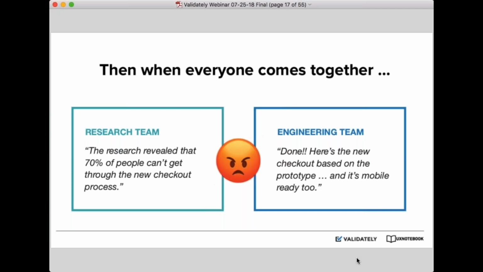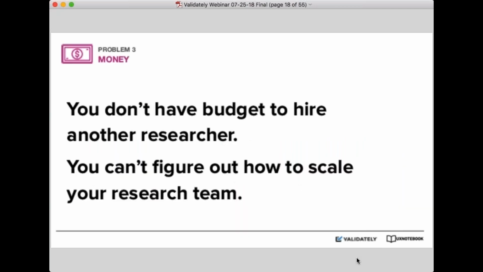We coded that prototype, and here it is. And by the way, we had time to do mobile as well. And that's where you end up in these disagreements, where the engineering team hasn't wanted to wait for the research, so they've gone and built, and then you end up in this situation where they've maybe built something that has flaws.